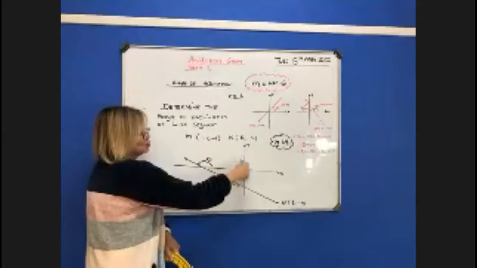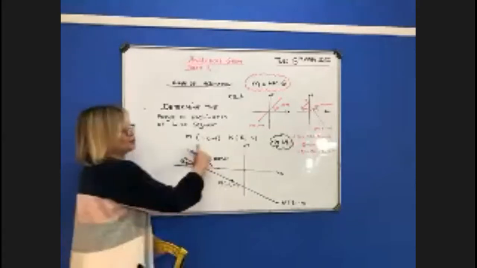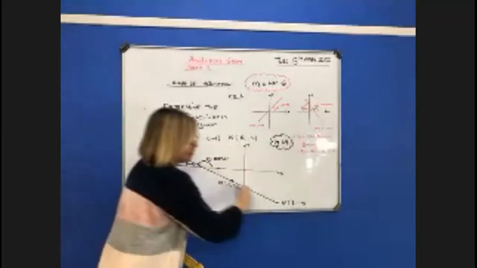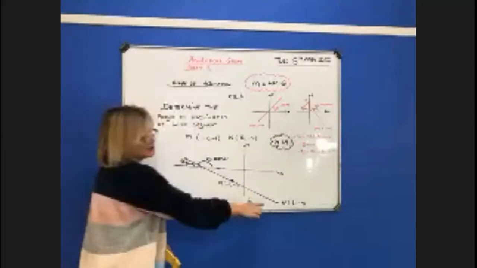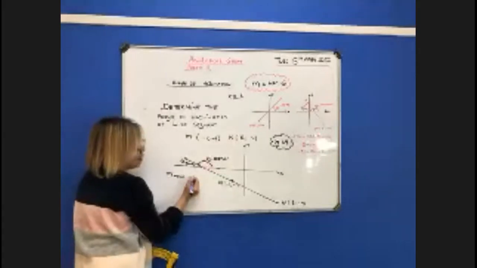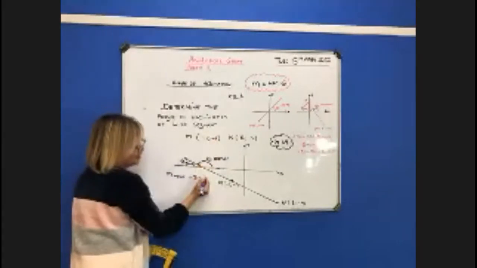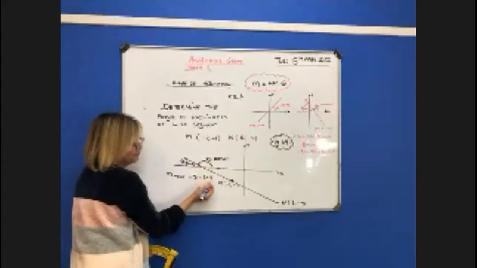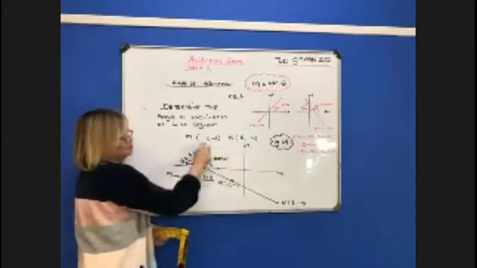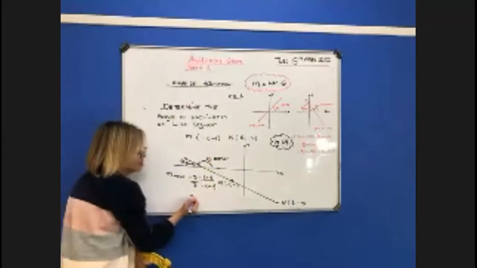So remember, when you've got to get this angle, you go to the other side and then minus the acute angle. First of all, you get a mark or 2 for giving them the correct gradient of MN. We take the y of the one minus the y of the other, over the x of the first coordinate minus the x of the second.